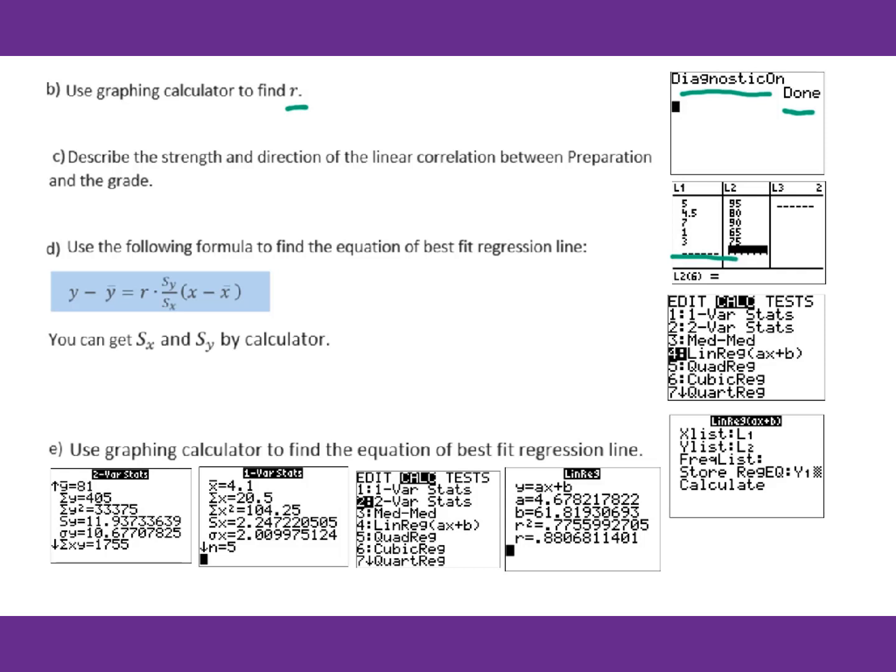Then we do stat calculate, go to 4, store regression equation in Y1. You are given this linear regression equation and also this R. So R equals 0.881.